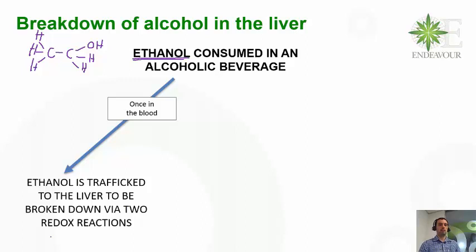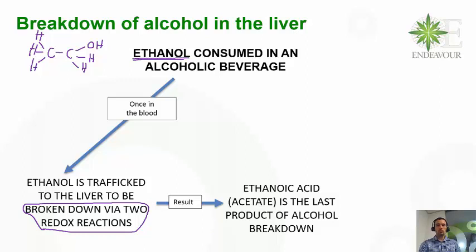So why do you think that ethanol is trafficked to the liver to be broken down? Well, this is the specific location where the breakdown reactions actually take place. The redox reactions that break down alcohol only take place in the liver because there are specific enzymes needed to facilitate those reactions that are abundant in the liver.